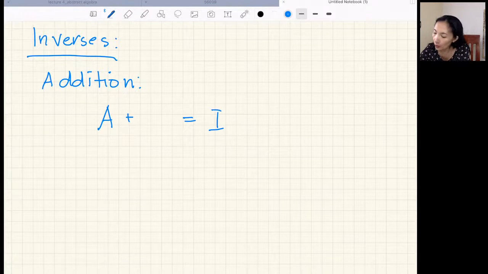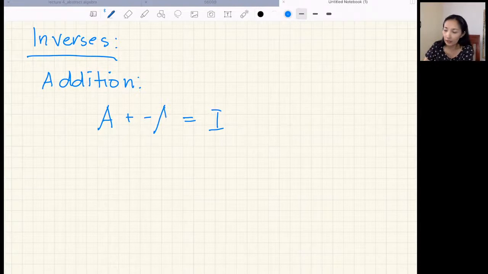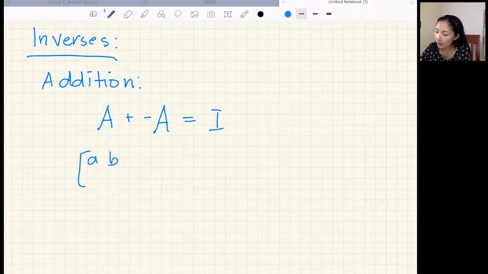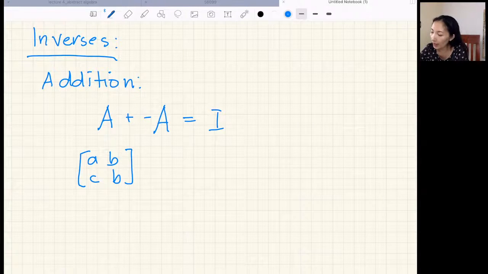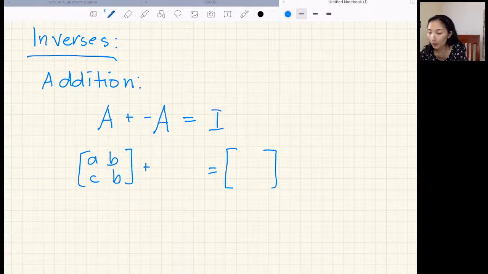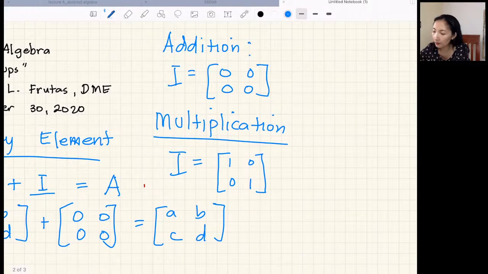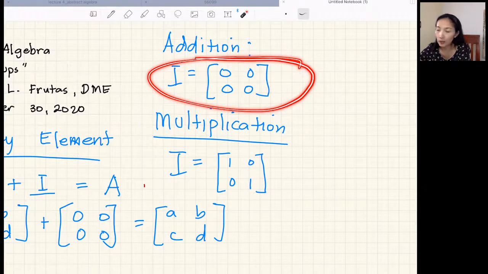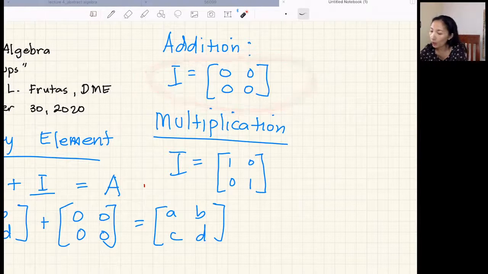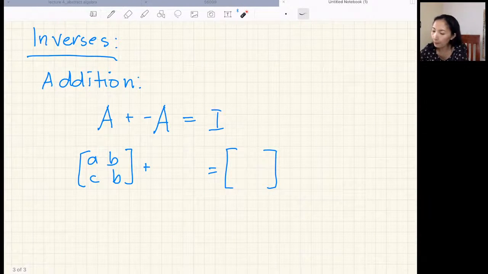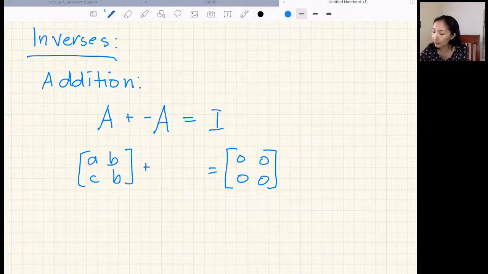Since we are talking of addition, may we have it as negative A. If my matrix is this, what should be added to that matrix in order to get the identity element with respect to addition? This is the identity element with respect to addition, so the result here should be 0, 0, 0, 0.